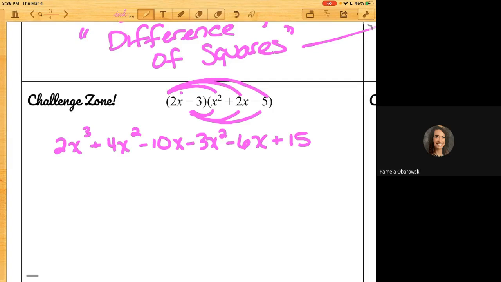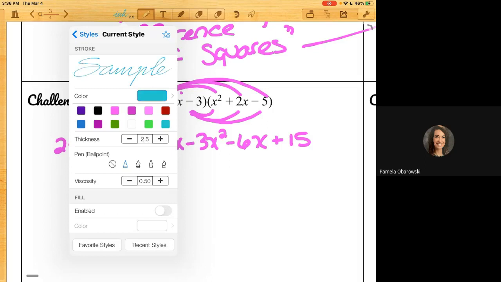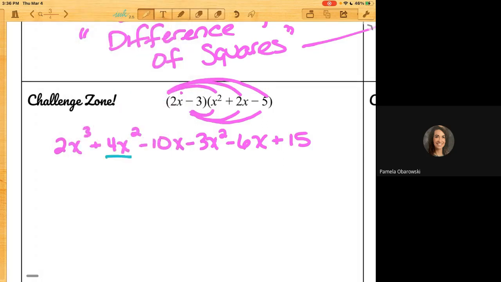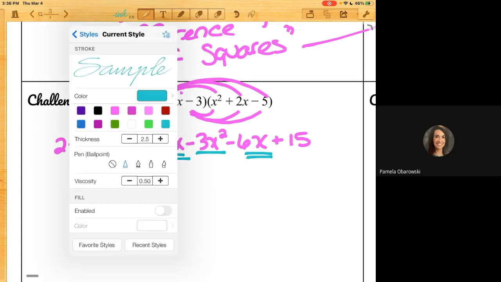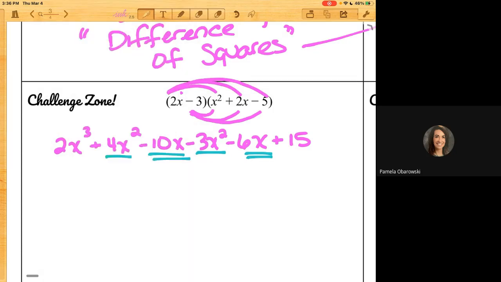And I get, after I look for like terms here, like term, like term, like term, like term, let's see. I get 2x cubed plus 1x squared minus 16x plus 15.